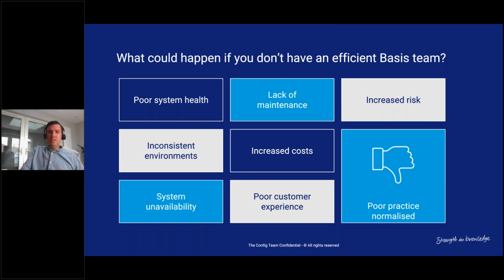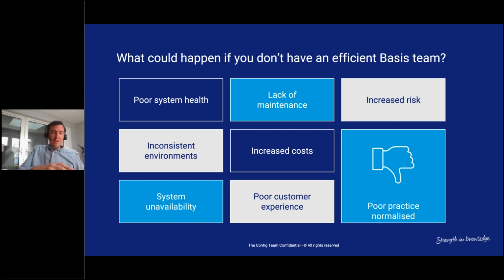Another thing here is inconsistent SAP environments. So if changes are going through, i.e. fixes, patches, upgrades, database changes, and operating system changes, if they're not managed and planned correctly, it can lead to an inconsistent environment. Having inconsistent SAP environments makes it really hard to test and also really difficult to find the root cause and resolution to an issue.